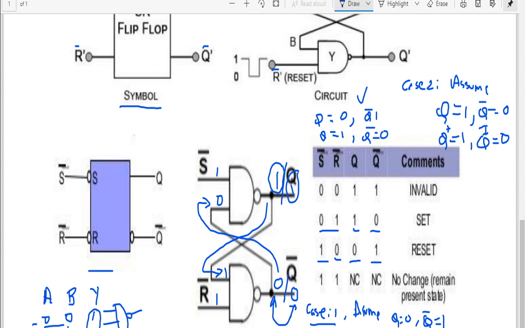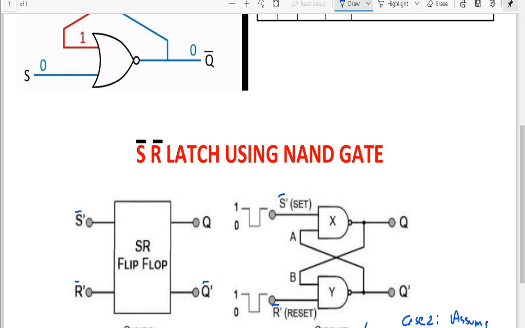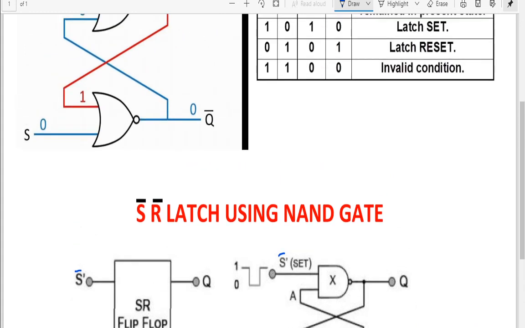So in the truth table you can see that when S bar and R bar are both 1 1, there is no change in the state. So this is how we explain the S bar R bar latch using NAND gate.